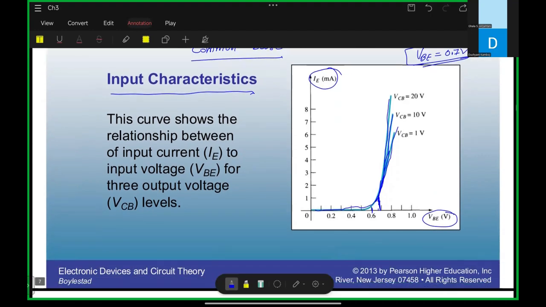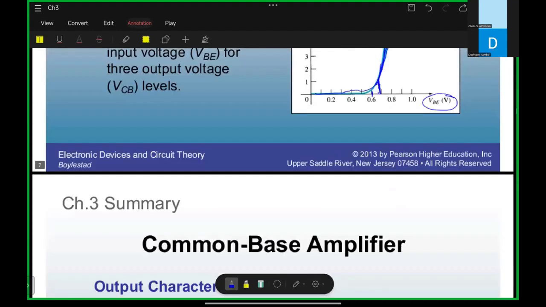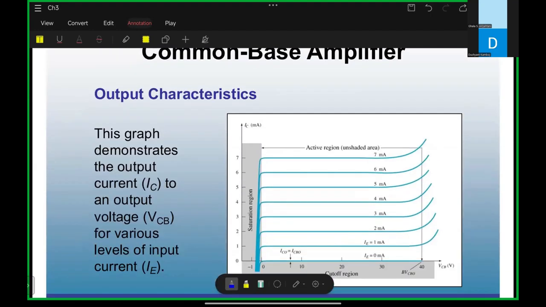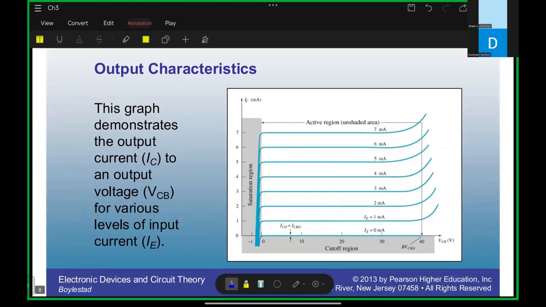Next one is output characteristics. I already told you that there are output characteristics of the transistor. Which current do I have to take? IC. And which voltage do I have to take?